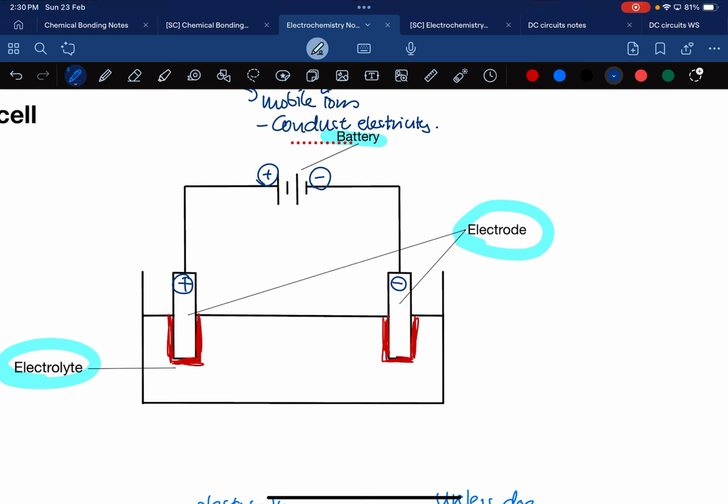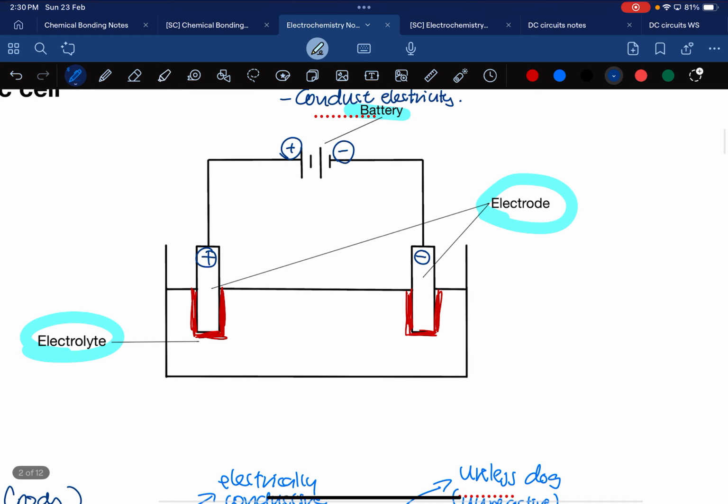When you have a positive and negative electrode, remember what your electrolyte is. It is an ionic compound, which means you should have some pluses. I'm just going to draw a few, maybe 3 of each. Then you have minuses. Draw first, then I'm going to explain everything.